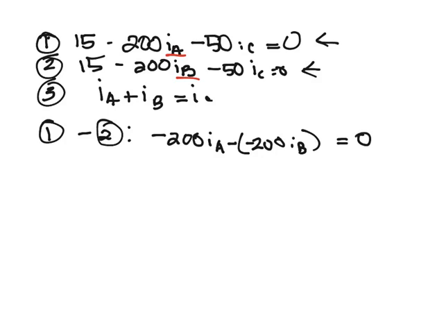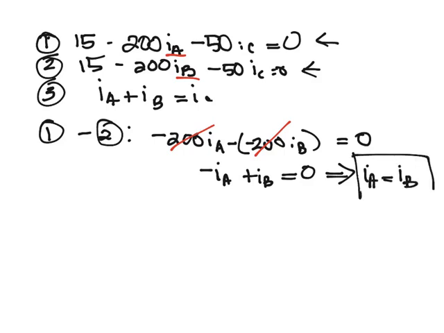Okay, I'm going to simplify this by dividing by 200. I have a 200 in each term, so I'm going to get rid of that. Now I need to make a little bit of sense of my negative signs. So I have negative IA minus minus IB, so plus IB equals 0. And what that tells me is that IA equals IB.